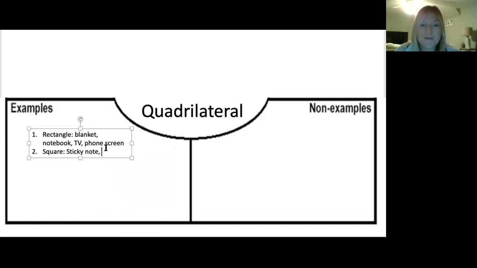All right, can you think of anything else in your room or around your house that's a square shape? A picture. A picture, nice, like a picture frame. I think I might have one somewhere here. A picture or a picture frame would be square. Any other examples? Or can you think of any other shapes that would be a quadrilateral? We have rectangle, we have square. Anything else?